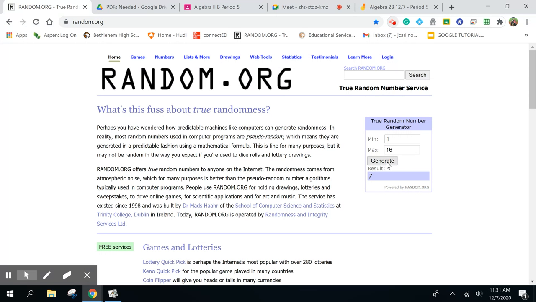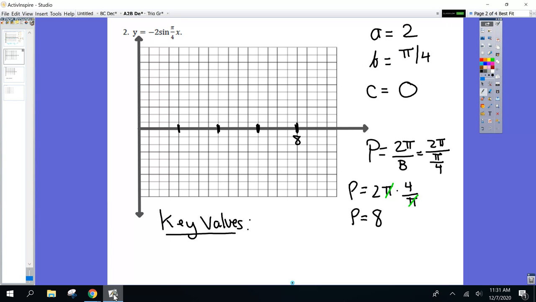Will, what's my period here? 8. And to find a key value, Will, you have to take the period and divide it up into how many equal parts? 4.